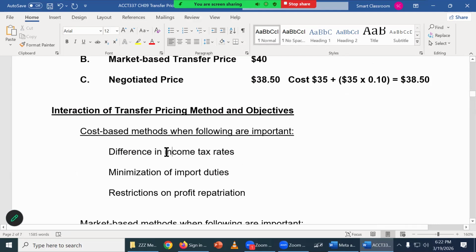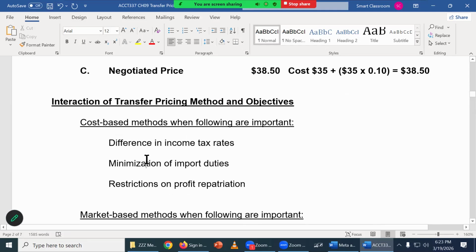Differentials in income tax, like we just talked about. Meta and Apple paying 0% income tax. Well, that's a big incentive. So this kind of a cost-based method would be good for that. Especially trying to shift income from one country to another, you try to shift it to countries that have a lower income tax.